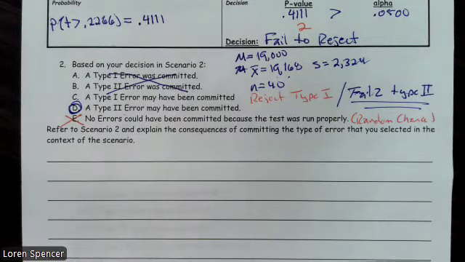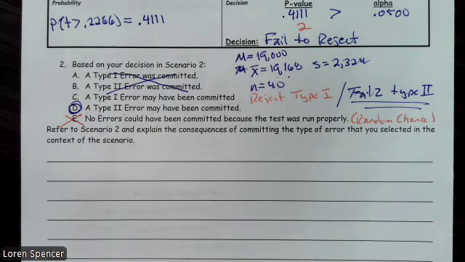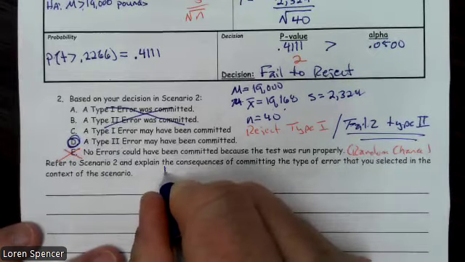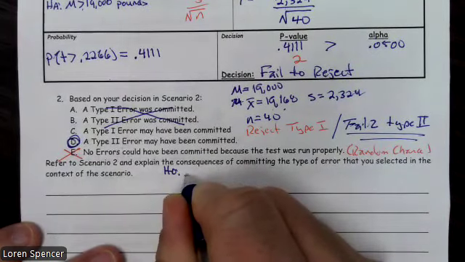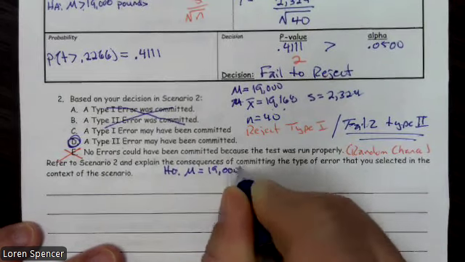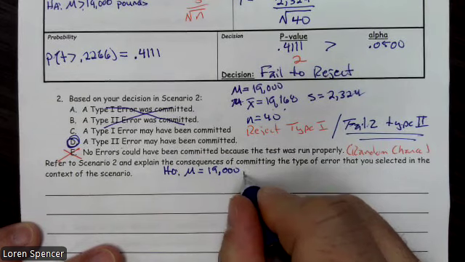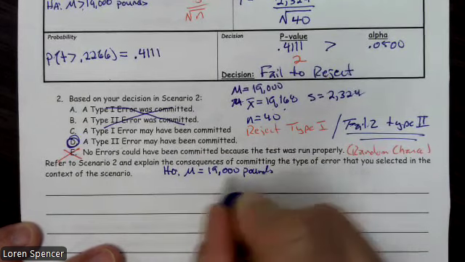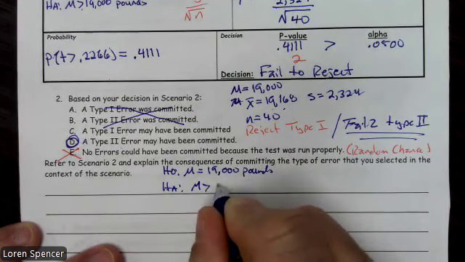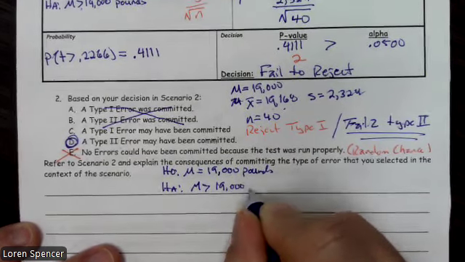So refer to scenario 2 and explain the consequences of committing a type 2 error that you selected in the context of this scenario. All right, so I'm going to go ahead and write my null and alternative again. My null was the mean truck weight is 19,000 pounds. The alternative is the mean truck weight is greater than 19,000 pounds.